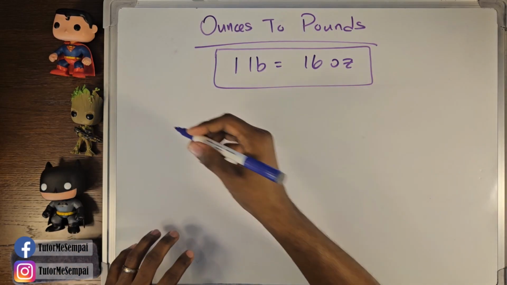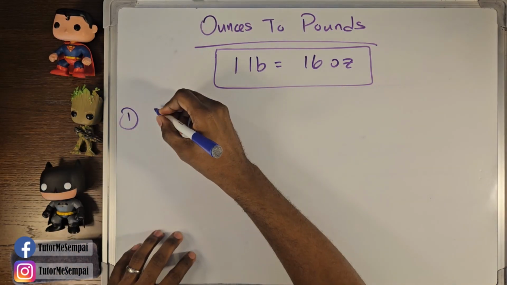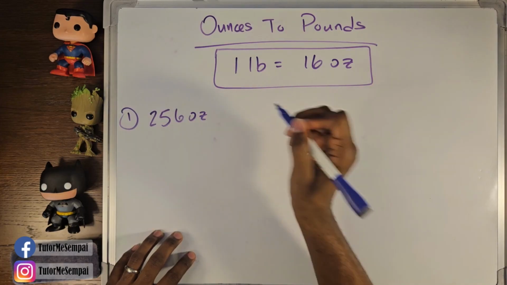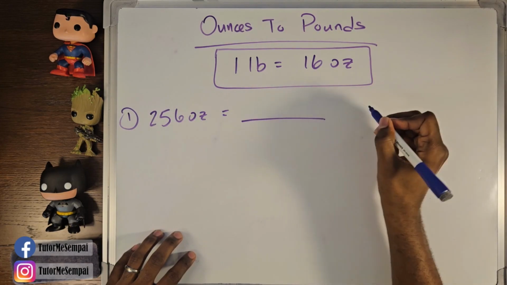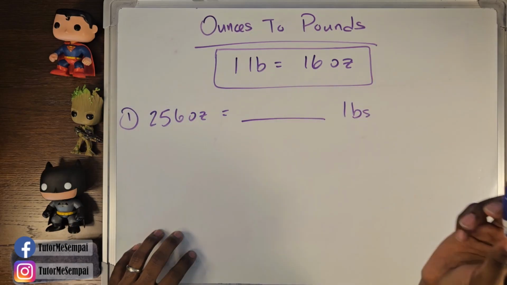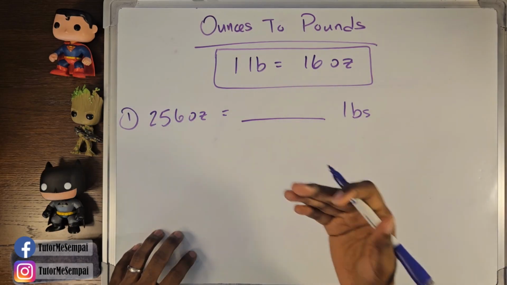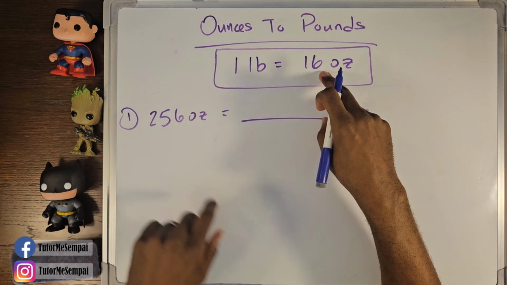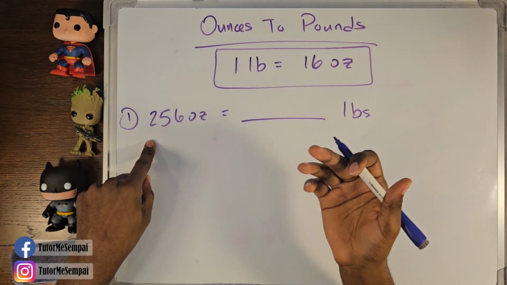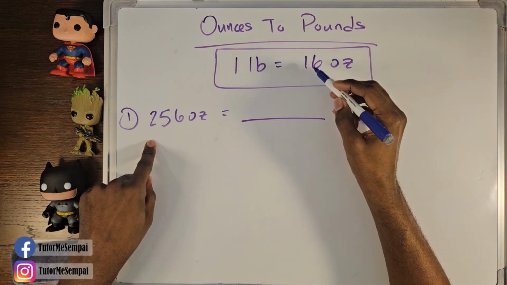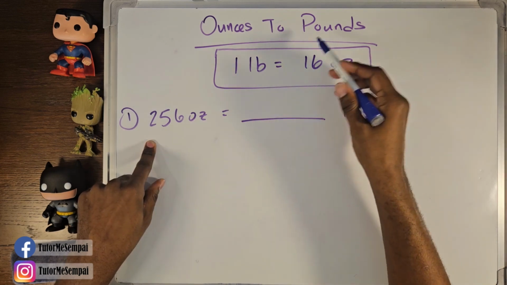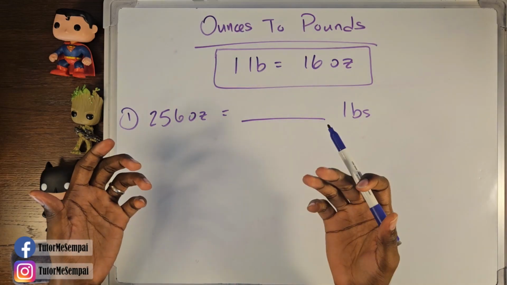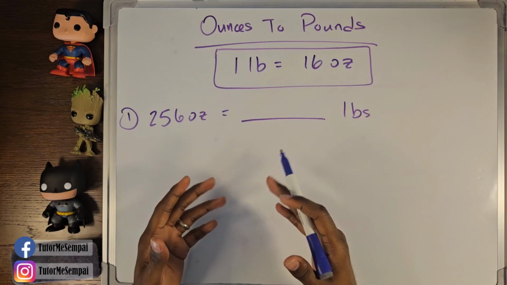So let's jump into our first exercise. Let's say we have 256 ounces, and we want to know how many pounds we have when we have 256 ounces. Well, we know that 16 ounces make a single pound, and we have 256 ounces. So if 16 ounces make 1 pound, how many groups of 16 do we get from this 256 ounces? In order to find that out, we need to divide.